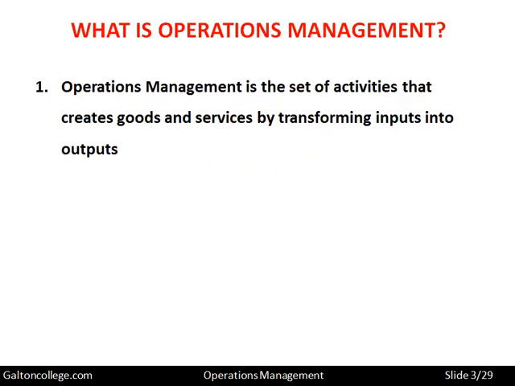Let's start from that point. Well, operations management is a set of activities that creates goods and services by transforming inputs into outputs. This is the way in which businesses transform raw materials, components, and general inputs into outputs.